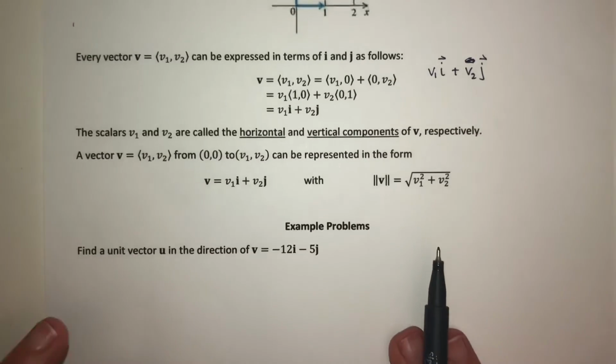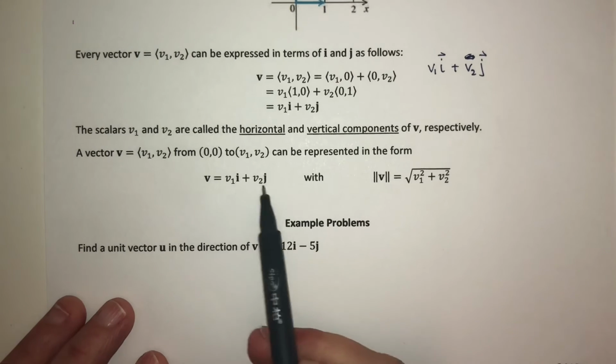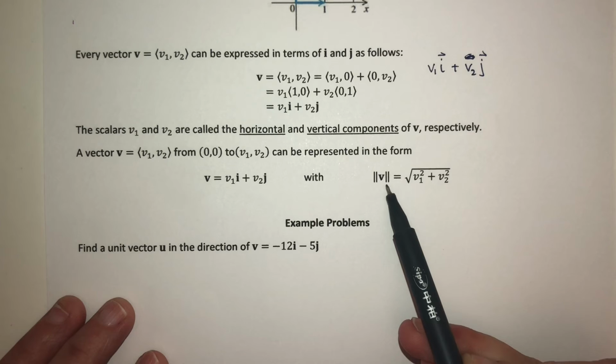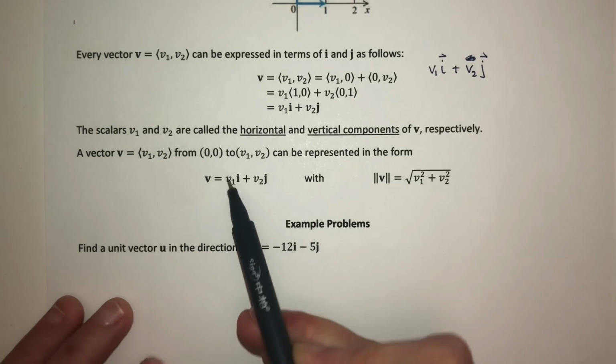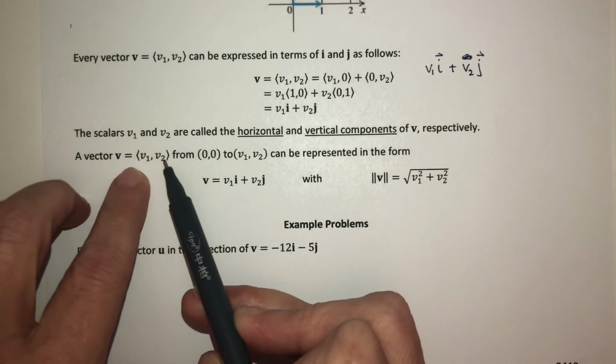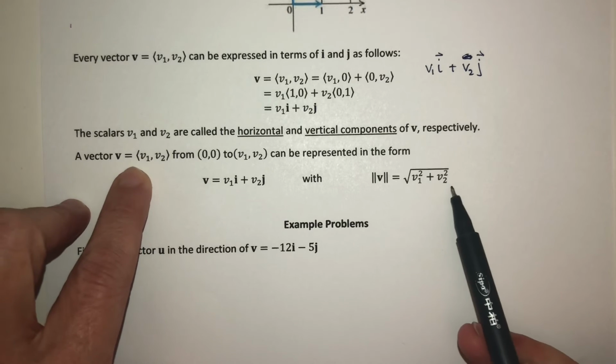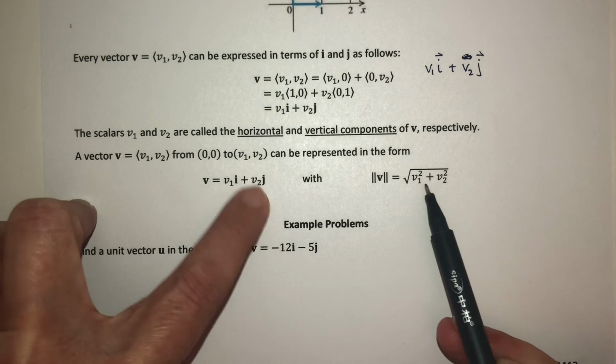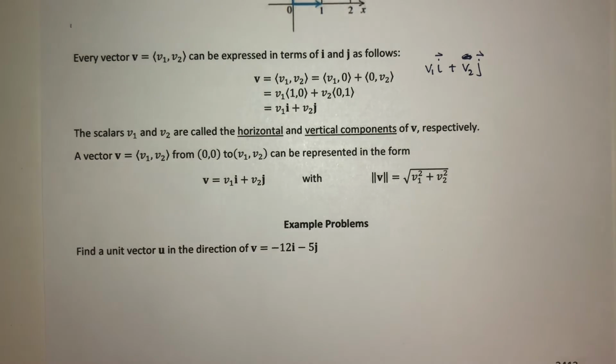Okay? So if we rewrite everything like this, then the magnitude, since these values are the same as these values, it's all the same. So if you're asked to find the magnitude of a vector written in ij form, you just take the coefficients, square them, and add them together, then take the square root.